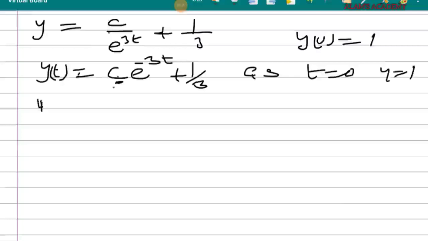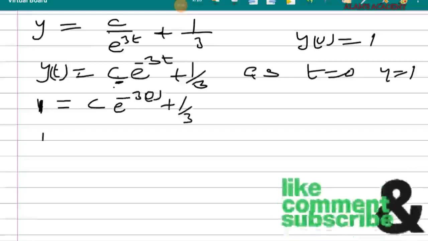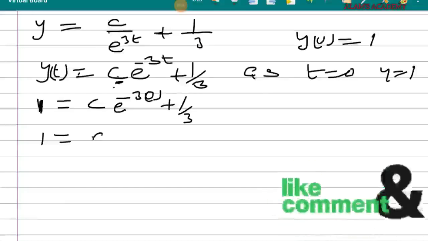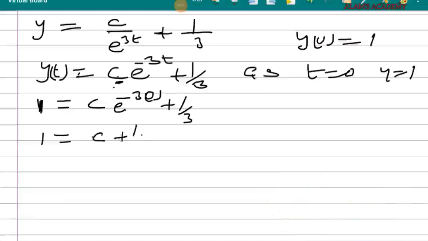So y is 1, which is equal to c e exponent 3 times 0 plus 1 over 3. 1 is equal to, e exponent 0 will give me 1, so c plus 1 over 3. I'm looking for c, so I group like terms. So c is equal to 1 minus 1 over 3, implying that c is equal to 2 over 3.